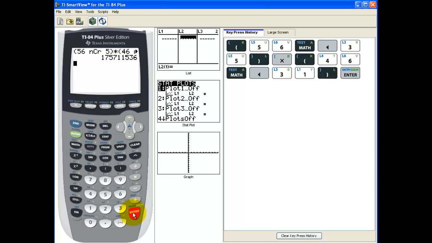Now, the probability of winning a lottery with a single ticket would be the number of favorable outcomes, which would be one way because you have 1 ticket, divided by the number of possible outcomes, which you can see on the screen right there. So the best way to calculate that would be to take 1 and then divide it by the answer memory register. The answer memory register always stores automatically the last calculation you did.